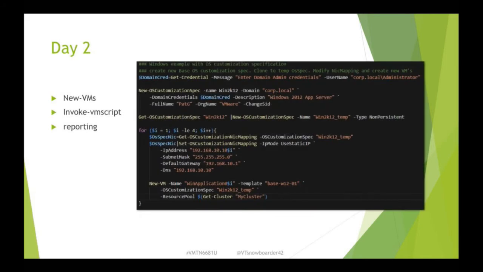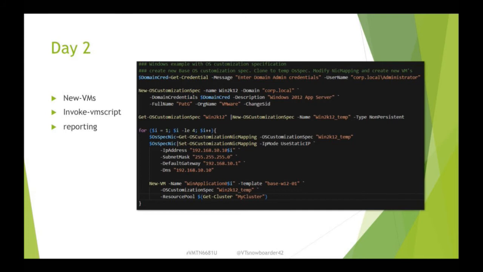There's a bunch of items hard-coded in there where we're creating an OS customization spec. Then we can create a temporary spec within the session to customize it for our particular VMs. Then we loop through. It's not a terribly elegant example, but you can, again, go back to the standardized, repeatable way of deploying VMs.